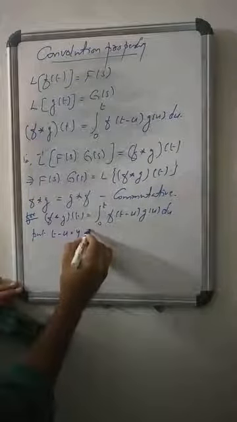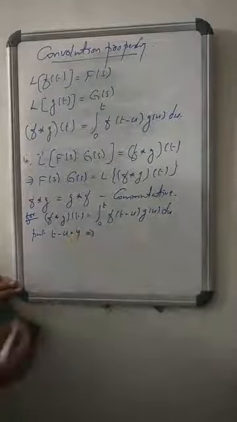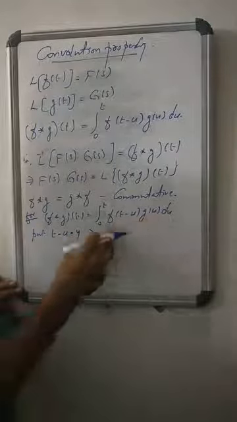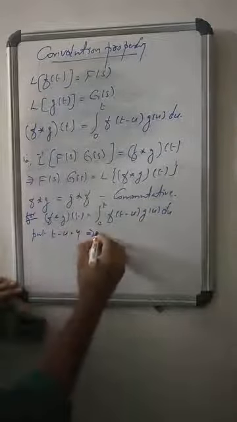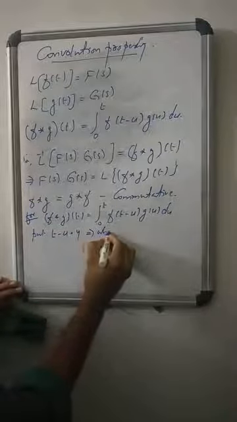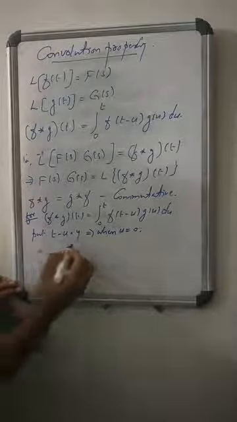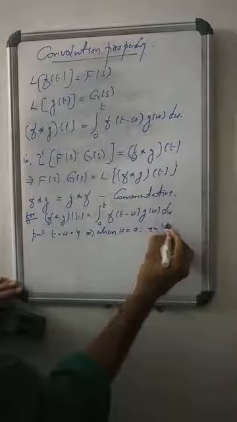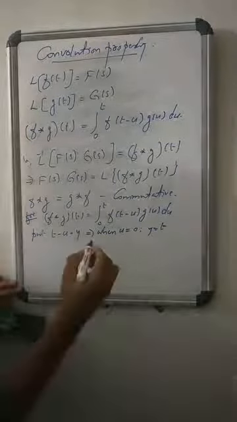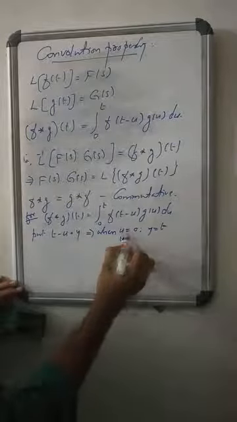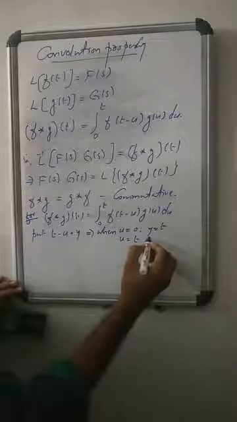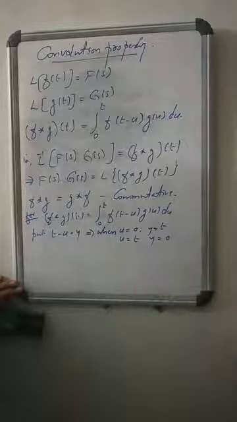Now come to the limits of u. When u equals 0, y equals t. When u equals t, the upper limit, y equals 0.